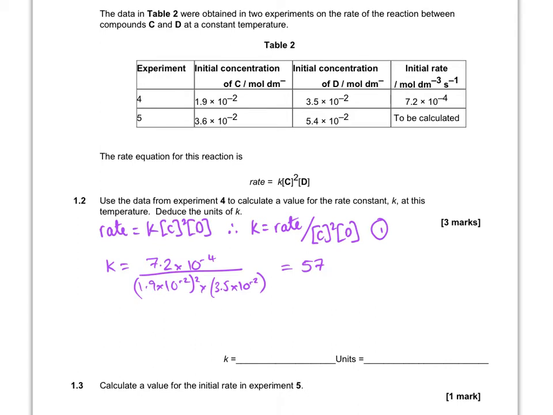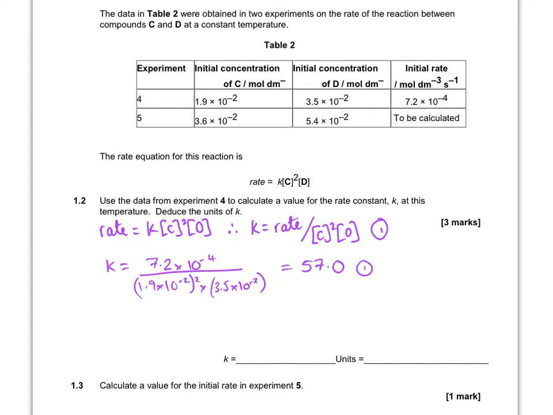The numbers in the question have been given to you to 2 significant figures, so it's perfectly acceptable to put this answer to 2 significant figures. For some reason, the mark scheme shows it to 3, but there is nothing about significant figures. I would argue you should only have that to 2 though, because that's all the information you've been given. Okay, we then need to work out the units.